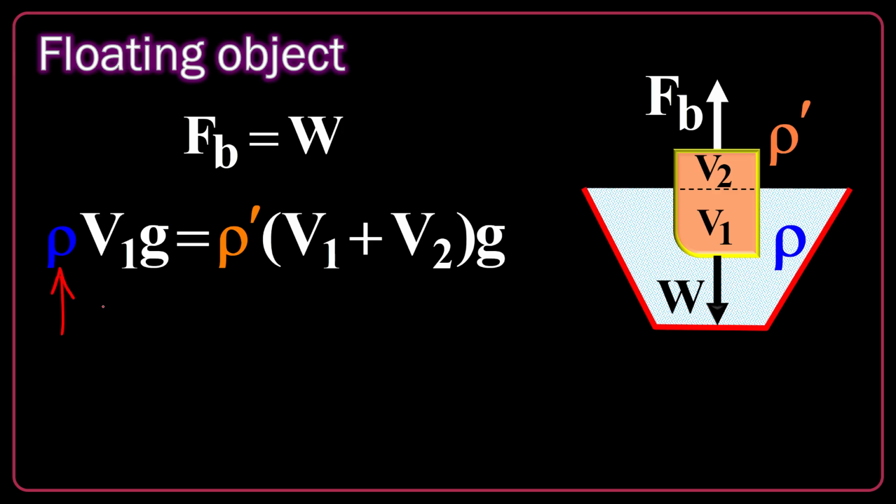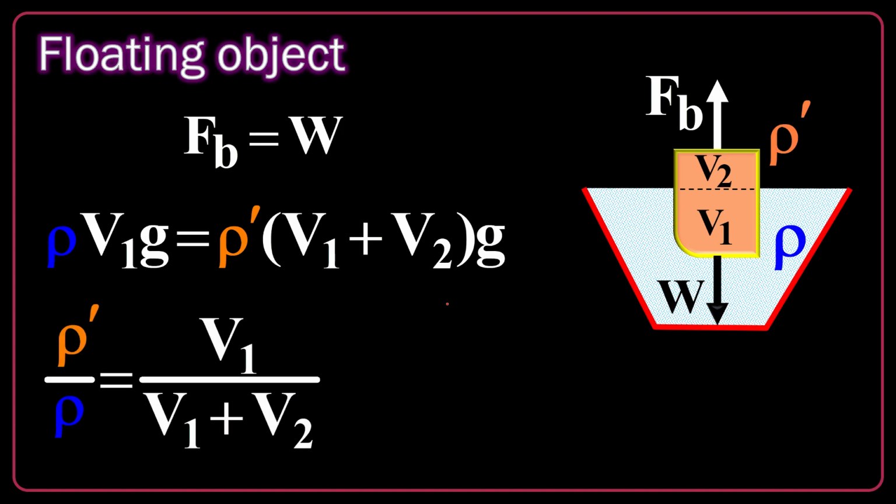Density of liquid times the volume of the displaced liquid, or the volume of the submerged part. On the right side, rho prime, density of the object, times volume of the object. And both sides, we have g. We can drop the g, it's not that important. And here I can rearrange the equation like that.